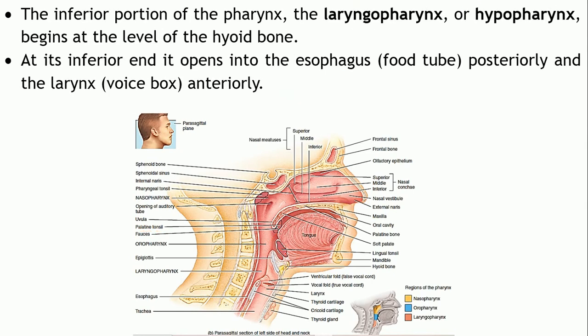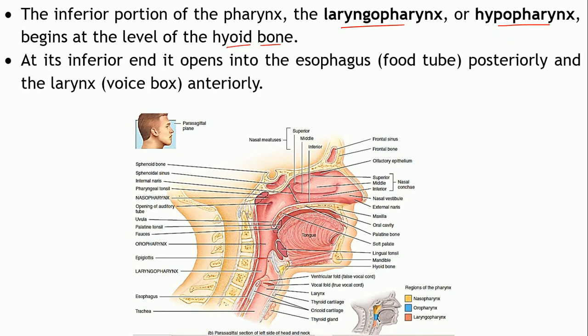Then the inferior portion of the pharynx, that is known as the laryngopharynx, or it is also known as hypopharynx. Now this particular portion, it begins at the level of hyoid bone. So that's the level up to where the oropharynx extends, right? So from here begins the next part, the last part, that is the laryngopharynx.